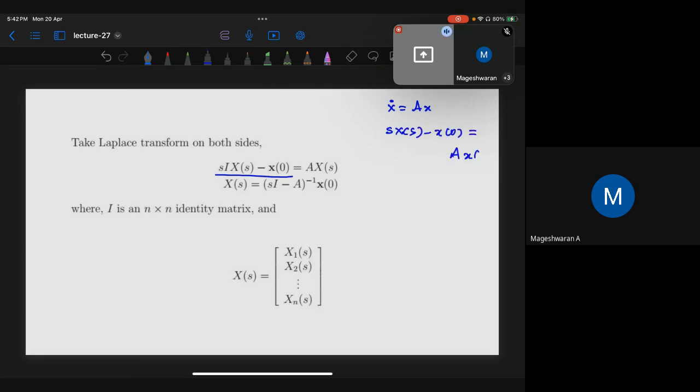Equal to A x of s. So from this, you can bring this x of s to this side and get x of s equal to sI minus A whole inverse times x of 0. Any doubt here?